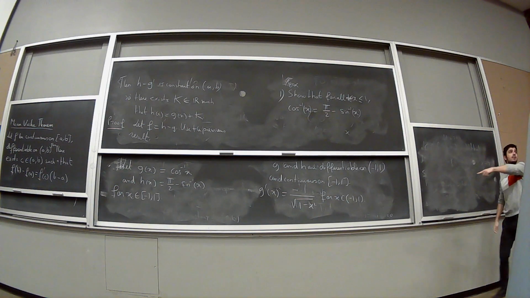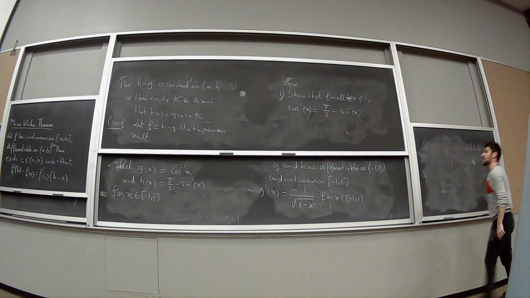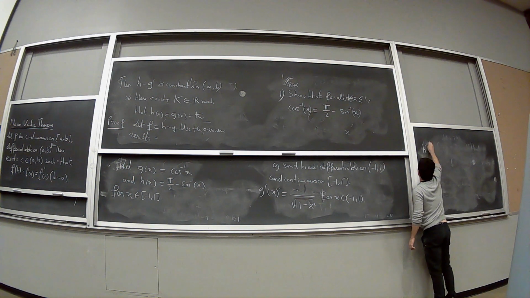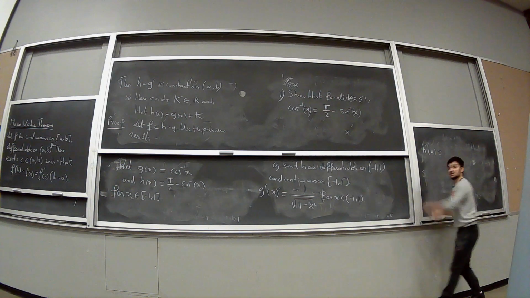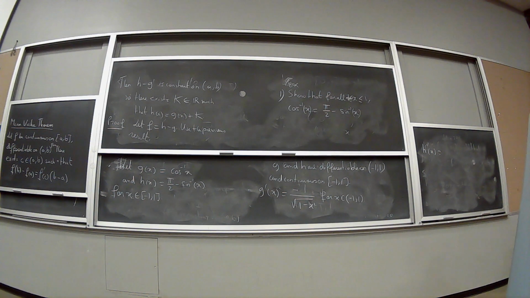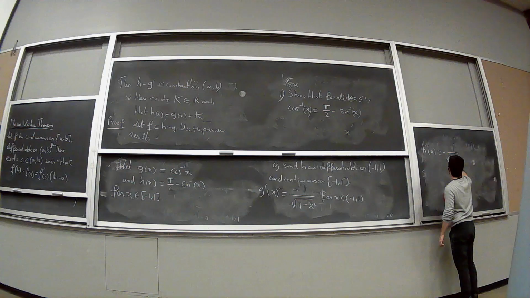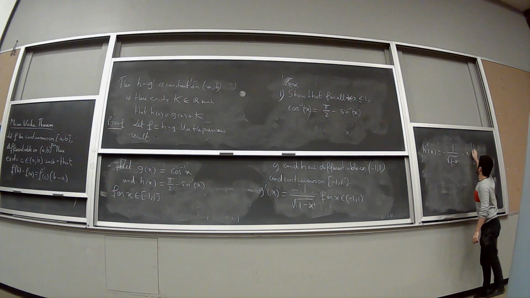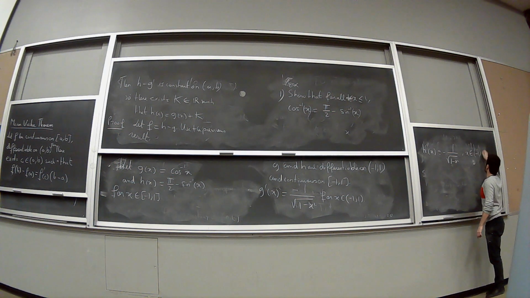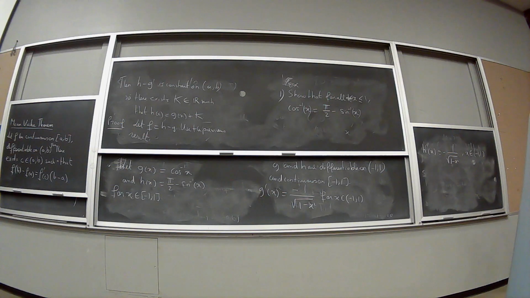Are we good here? What is h prime of x? It's the derivative of pi over 2 minus arc sine. What's the derivative of arc sine? It's 1 over square root of 1 minus x squared. So h prime of x is also minus 1 over the square root of 1 minus x squared, for x belonging to (-1, 1).